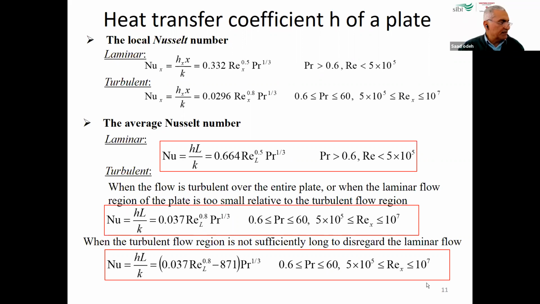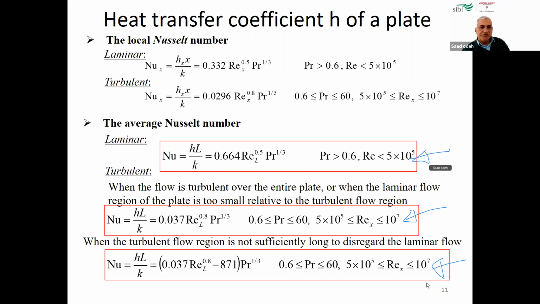The last thing that I need to mention here: if we have turbulent flow and laminar flow, remember before we said, if it's only laminar flow, we use this. If it's only turbulent flow, we use the second equation. If we have a combination of turbulent and laminar, then you use the third one.